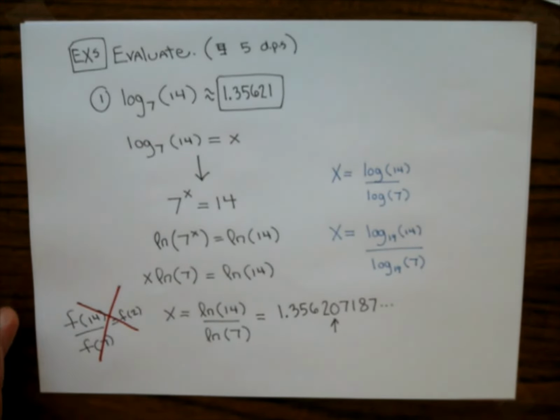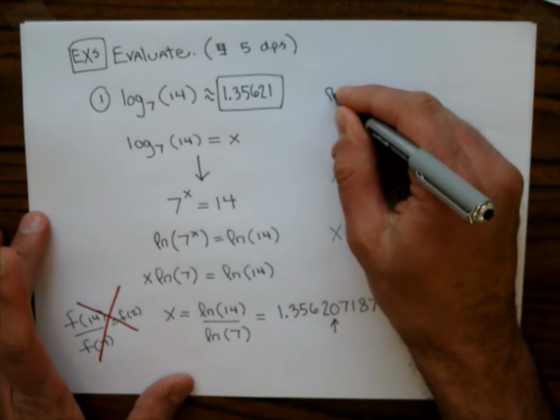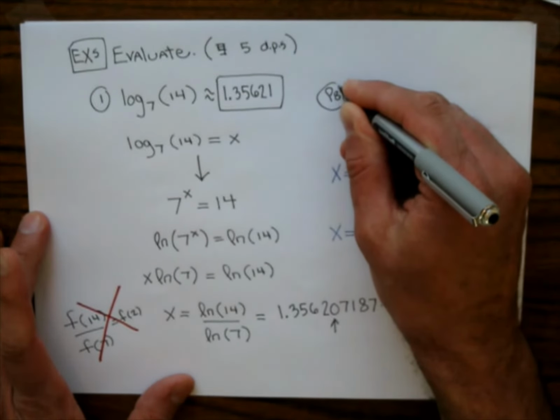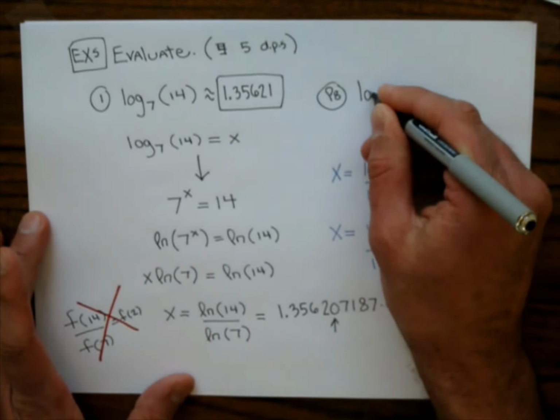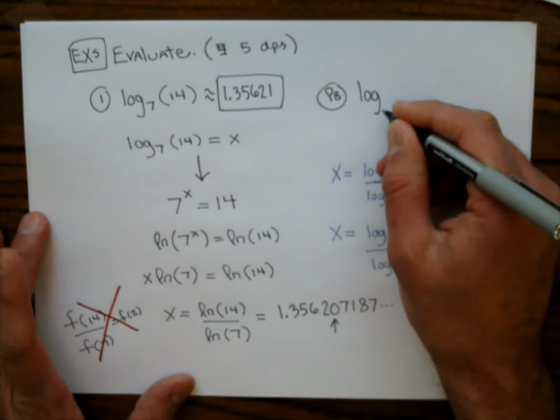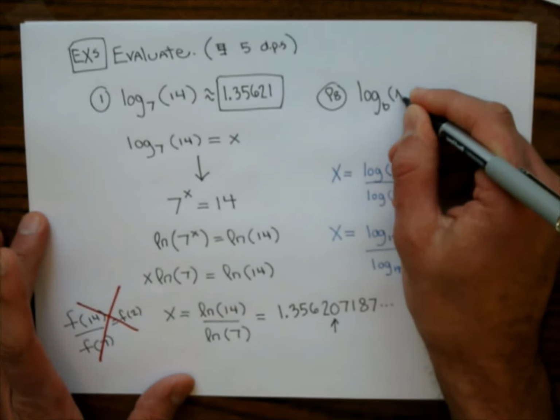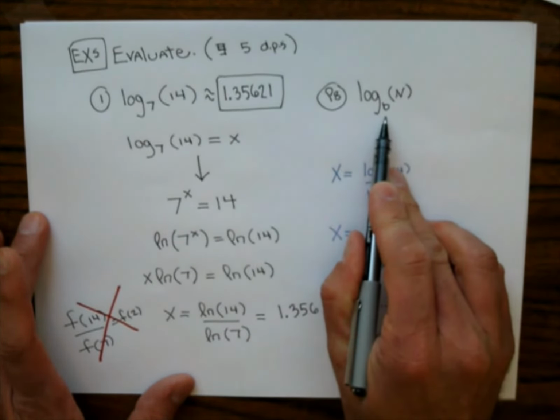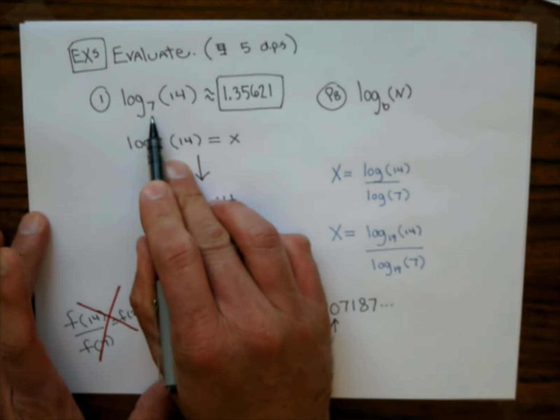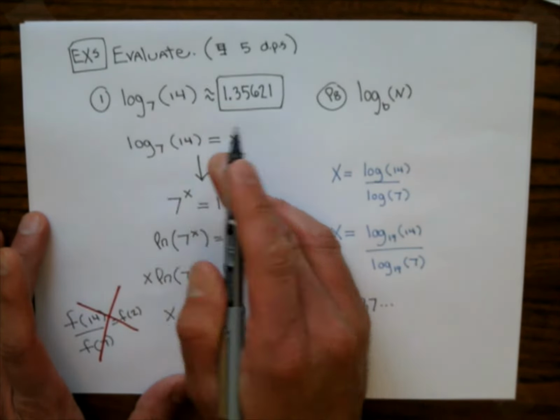So basically, you might already have your properties of logs sheet out, but we never wrote down our last property, property 8, that says we have a log base b of n, and we don't like that base. We wanted to change it to a base that was in our calculator.